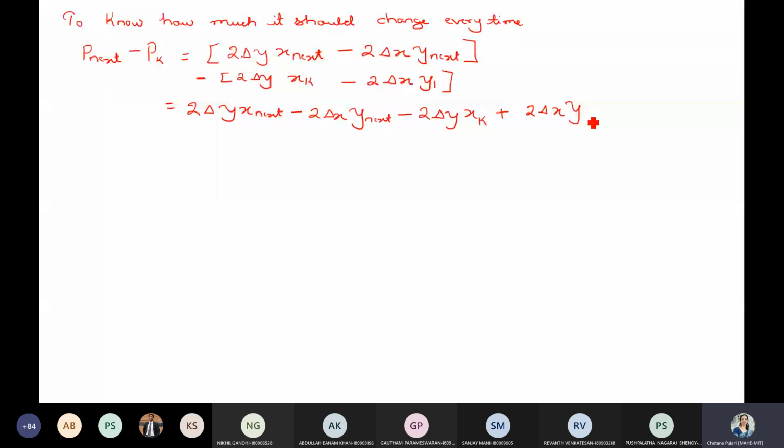So take 2 delta y as common here, and we'll have inside x next minus xk.